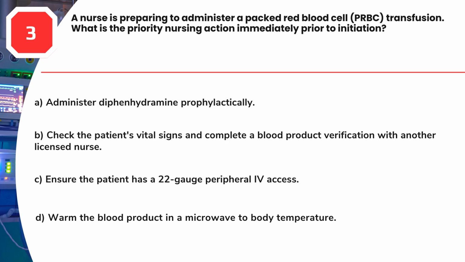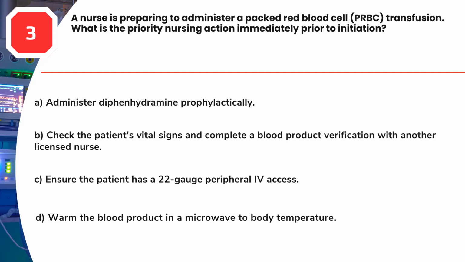Question 3. A nurse is preparing to administer a packed red blood cell, PRBC, transfusion. What is the priority nursing action immediately prior to initiation? A. Administer diphenhydramine prophylactically. B. Check the patient's vital signs and complete a blood product verification with another licensed nurse.